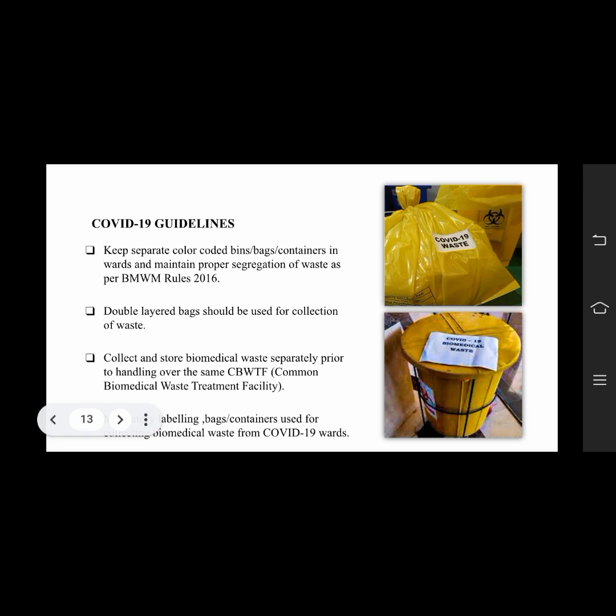So for this we have to keep separate colored bins. There is segregation of waste for COVID-19 waste, that is, we use the yellow bin or the bags labeled properly as COVID-19 waste for these wastes to be discarded.